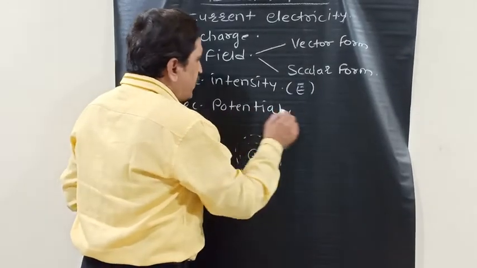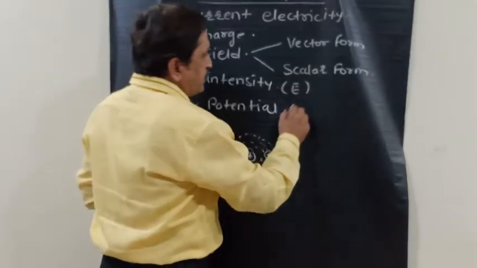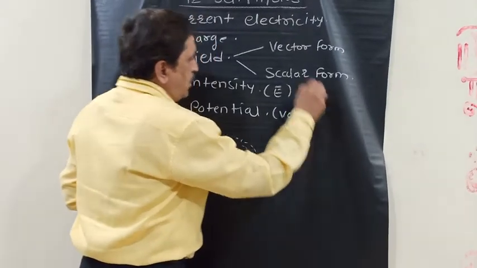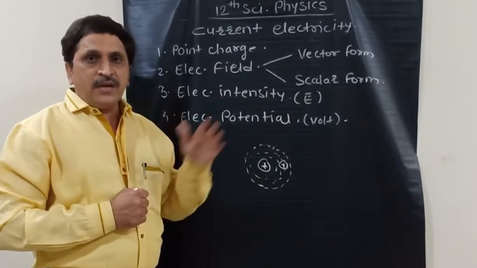Then electric potential. What is electric potential? Now the unit for electric potential is volt. Now how can we define electric potential? In 11th standard we learned about this.